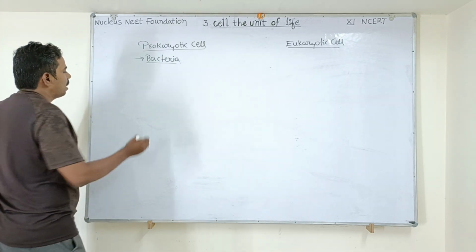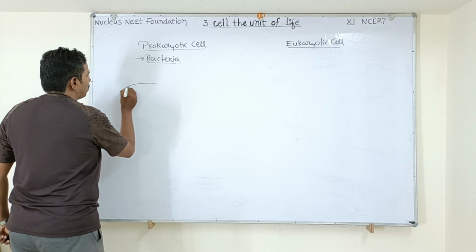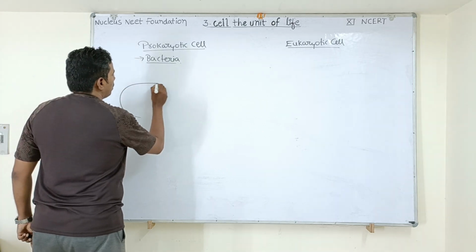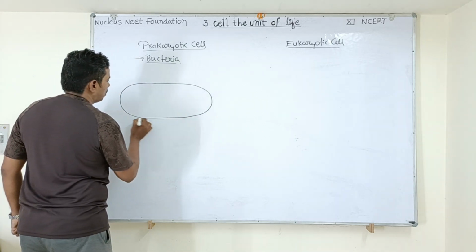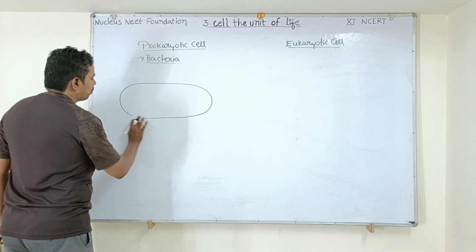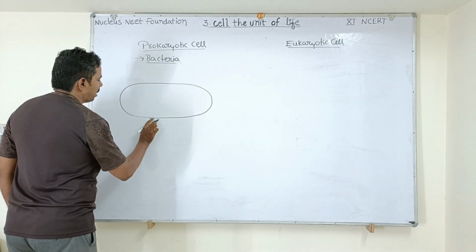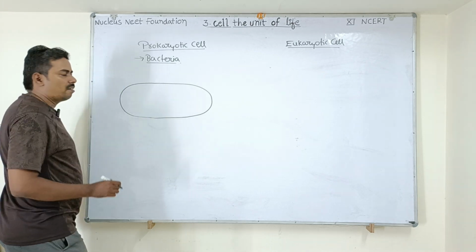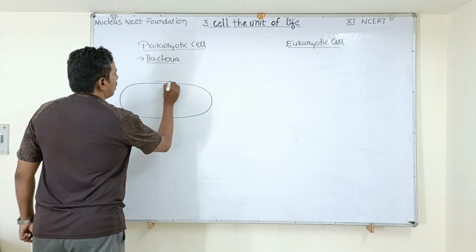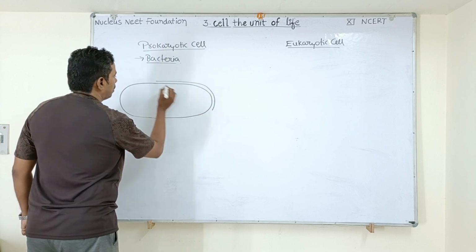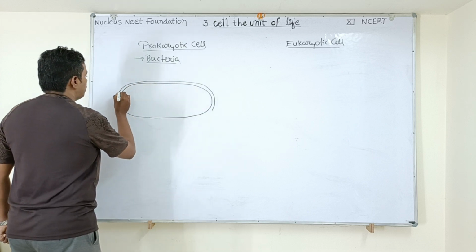Okay, so a typical prokaryotic cell, if you observe under the microscope, it appears like this. A prokaryotic cell is covered by a rigid cell wall.